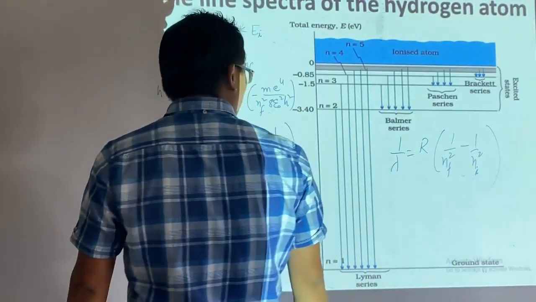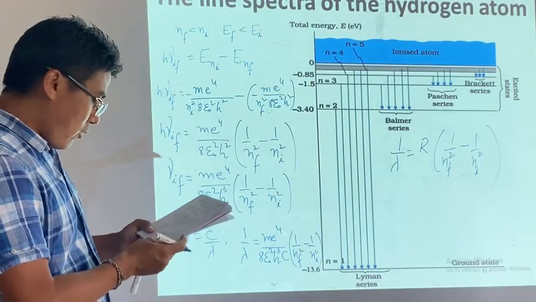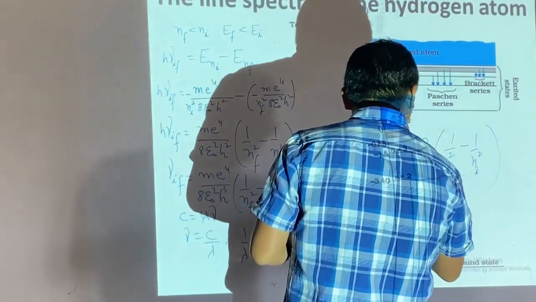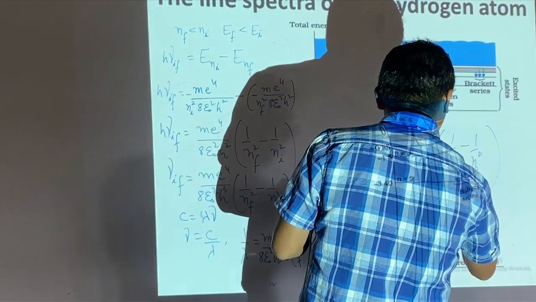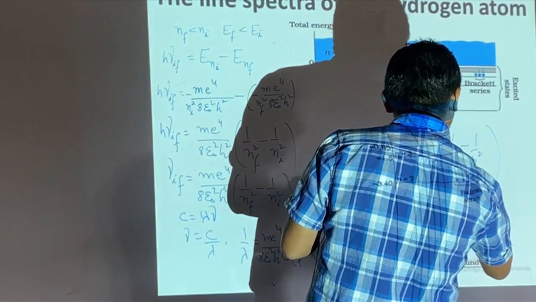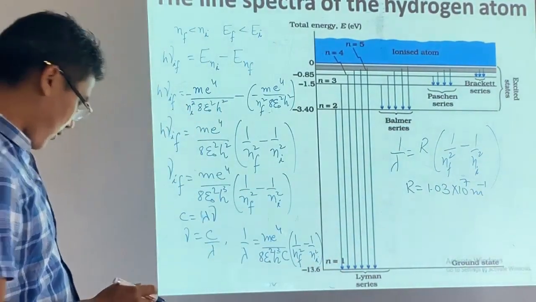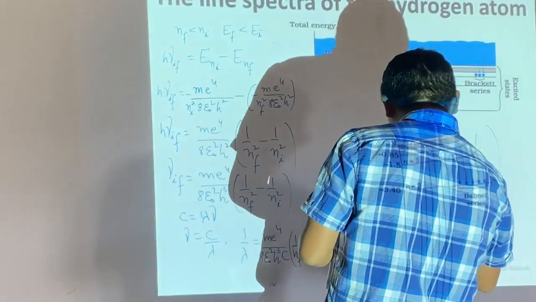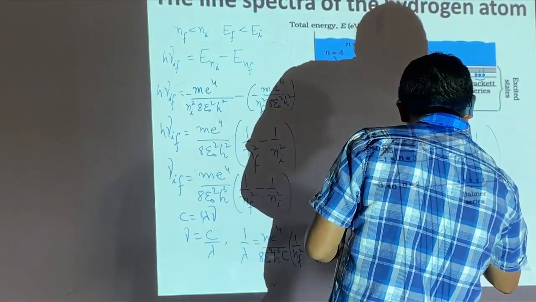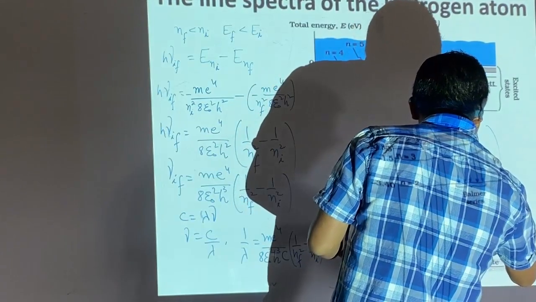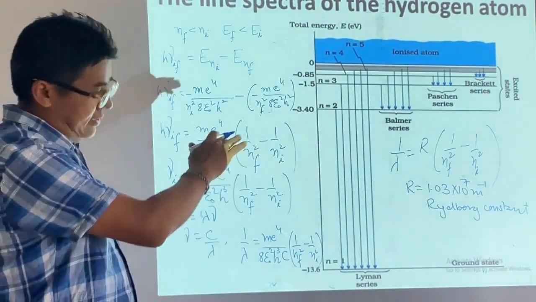The theoretical value found by Bohr comes around 10 raised to power 7 per meter. This was the value found by Bohr theoretically. This is what we call the Rydberg constant. The theoretical value of the Rydberg constant found by Bohr is this, right?